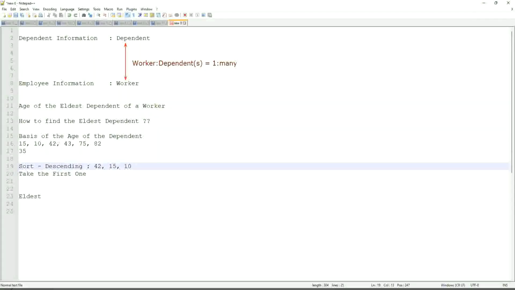Only one problem: if there are multiple dependents with the same age. If there are only children as dependents, and there is a twin the same age, at that point it becomes difficult. But other than that it is more or less foolproof.